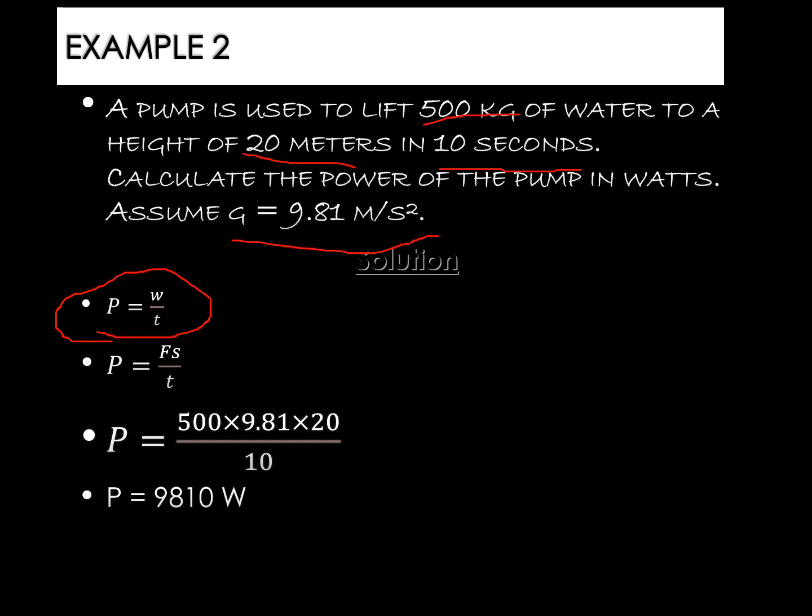We know that work done is equal to force times distance, which is F times S. But here too, we aren't given force. But we know that force is equal to mass times our acceleration due to gravity. So force equals mass times acceleration due to gravity.